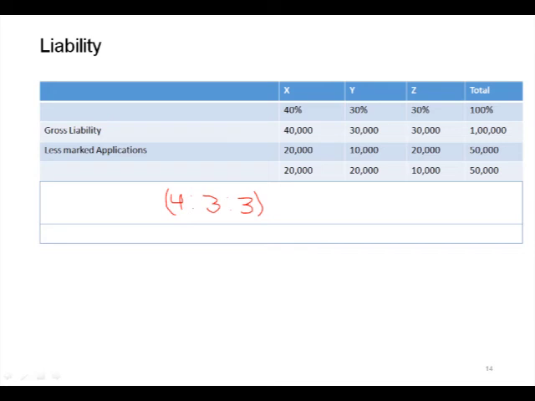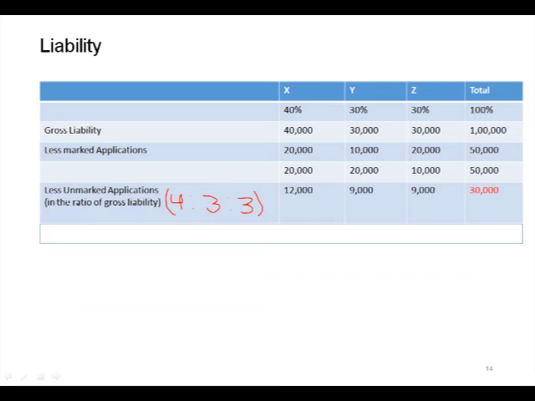Total shares subscribed are 80,000 of the issued shares, and marked are 50,000. The unmarked are 30,000. Now these 30,000 we shall distribute among X, Y, Z according to the gross liability, that is 4:3:3.